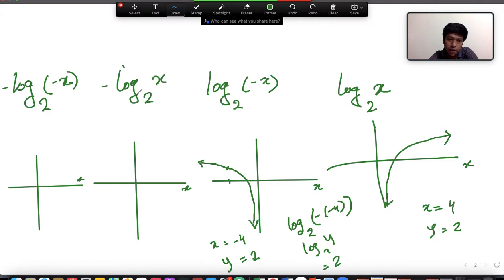Now what happens if we give a minus before the function, before this log 2 base x, what will happen? Look at this graph. This graph will have an x-axis reflection. X-axis reflection is the better word, reflection.